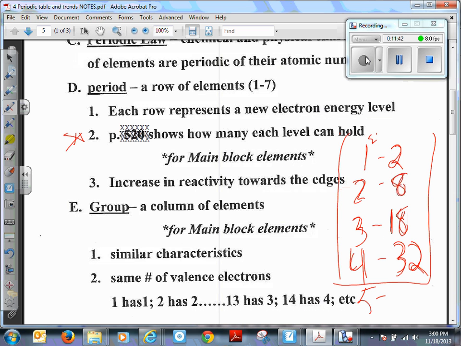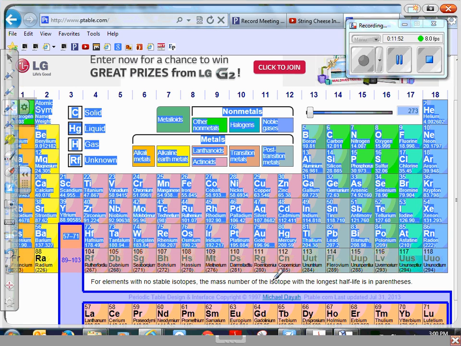Okay, so look at number 3 here. It says, as we go towards the edges, and when we say towards the edges, what we mean is towards the edges of the periodic table.